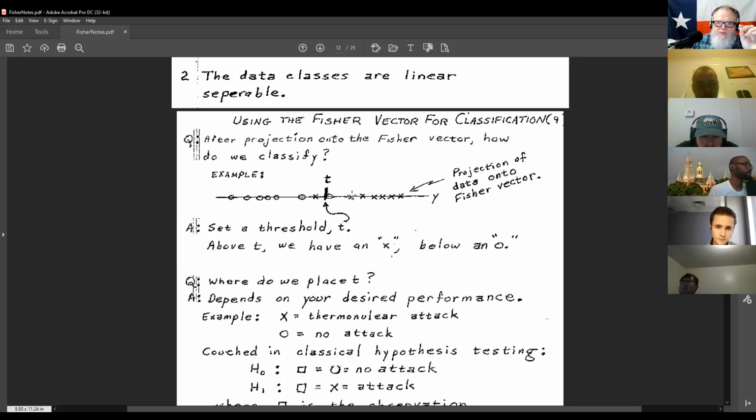As this threshold decreases, we're going to have greater detection. I'm sorry, I did it the wrong way. As we go to the left, the detection increases. I'm thinking of thermonuclear attacks now. As this gets smaller, do you agree that the detection probability increases? And as this gets smaller, the false alarms will also increase.